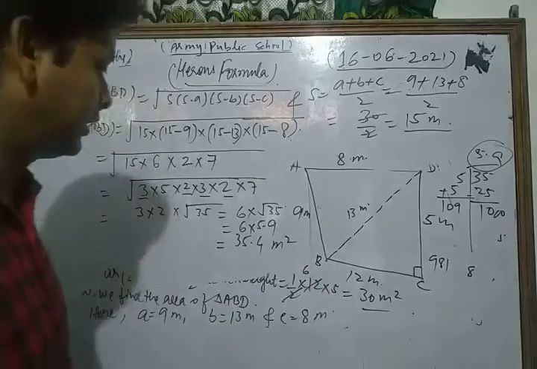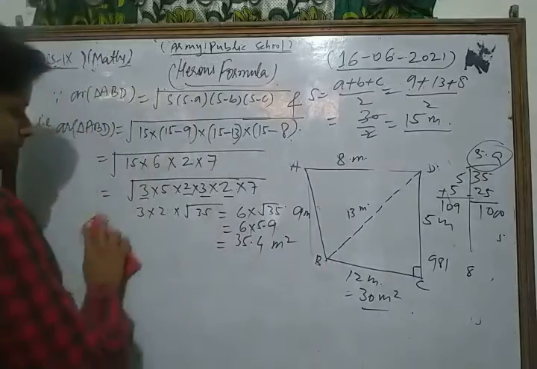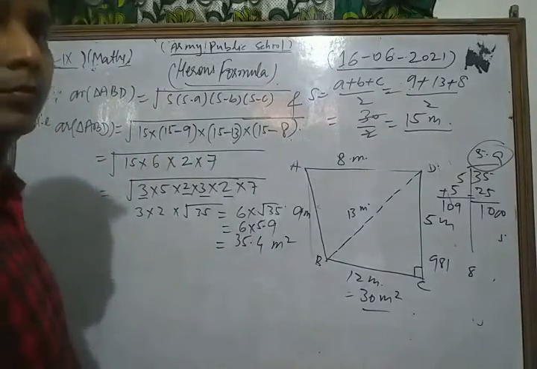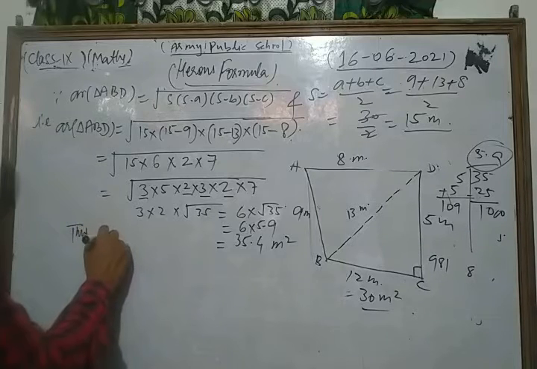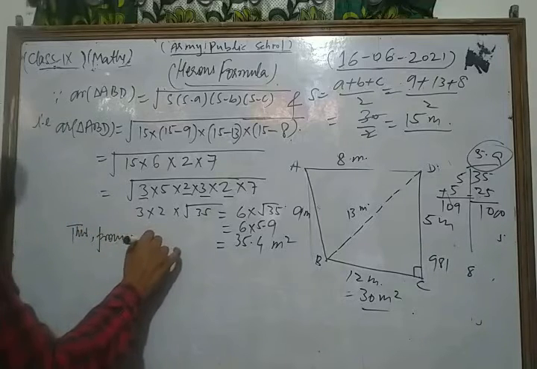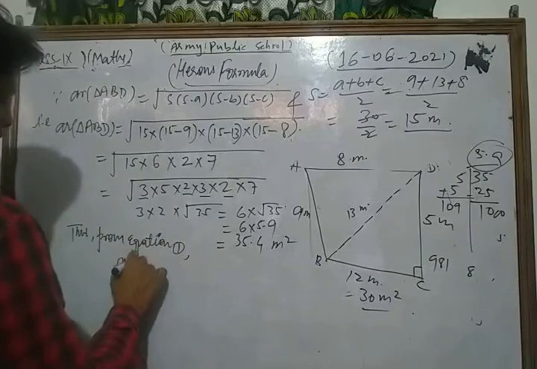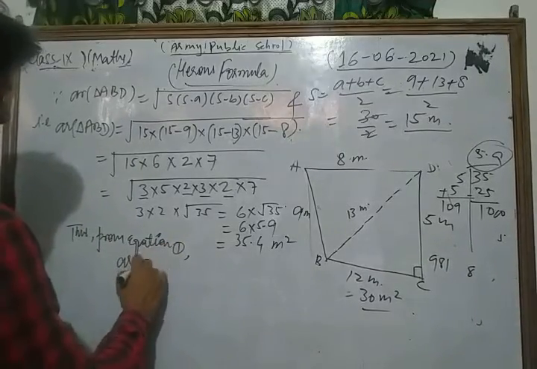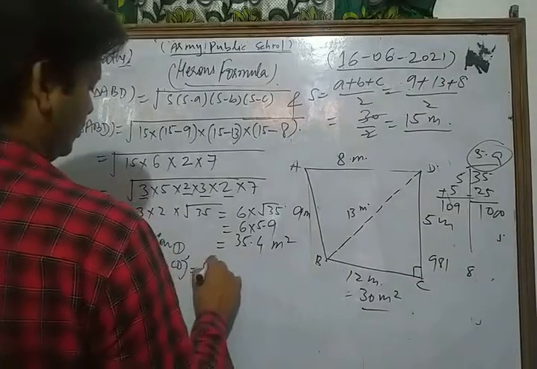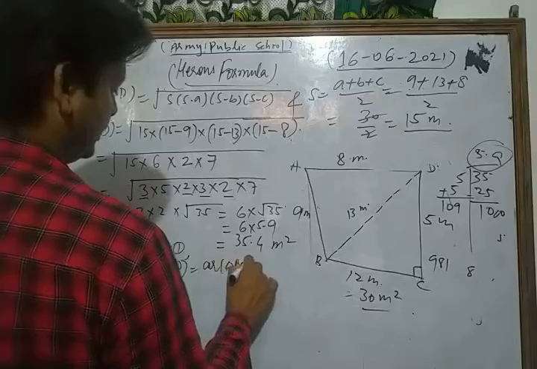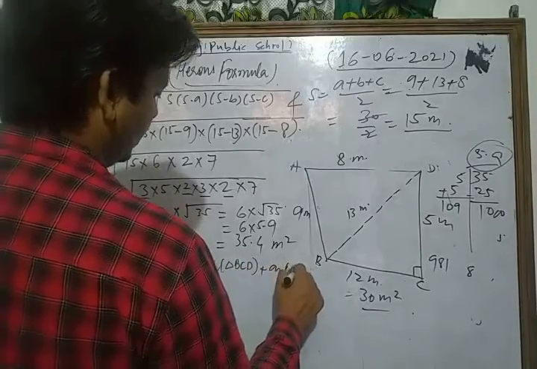Thus from equation 1, area of quadrilateral ABCD is equal to area of triangle BCD plus area of triangle ABD.